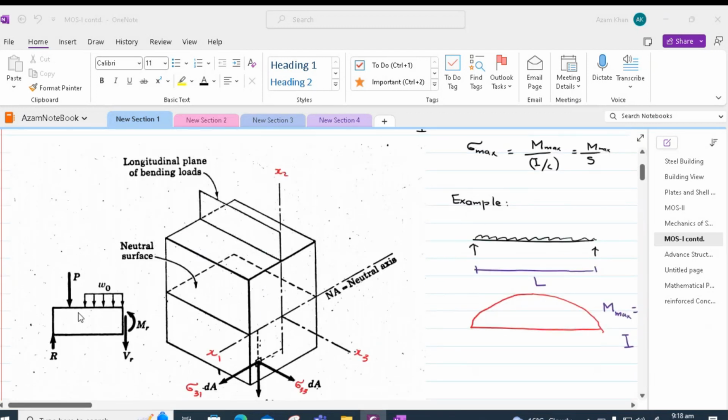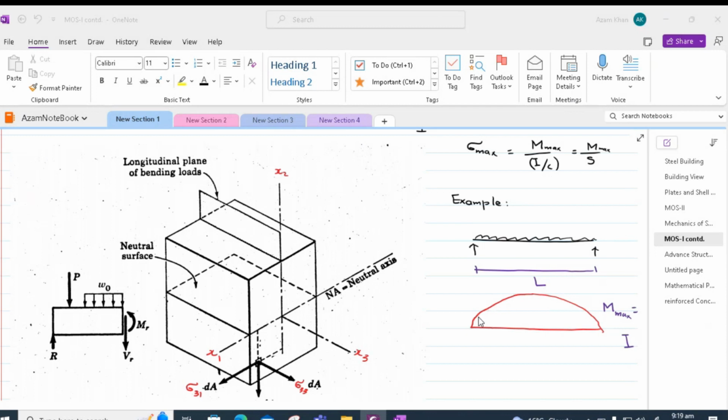Imagine again we have got a beam which is subjected to some sort of loading. So let that be a UDL loading. And we see that the bending moment diagram is parabolic, being zero at the ends and reaching maximum at the midspan. This is in accordance with the simple support conditions.